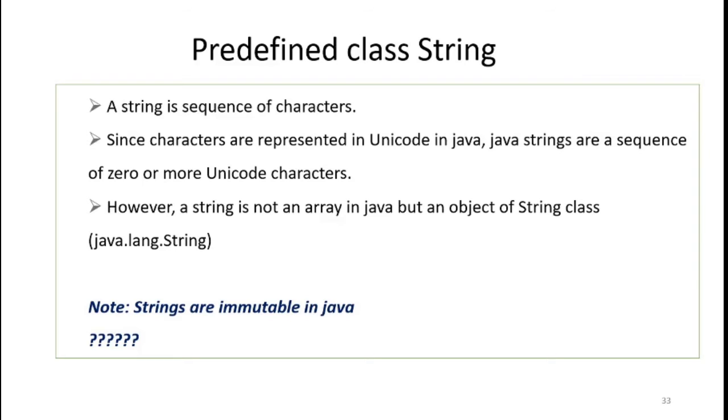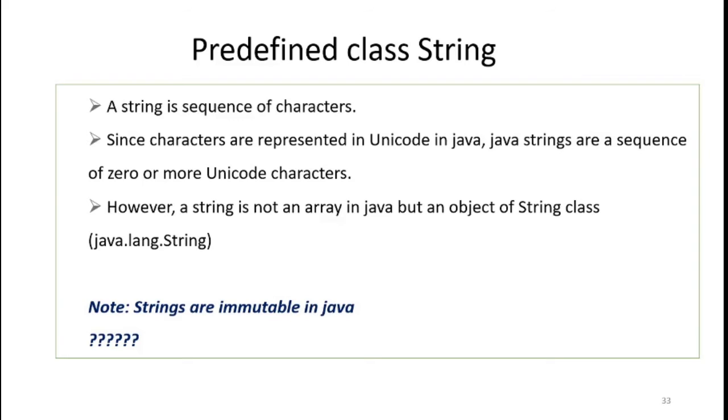However, a string is not an array in Java but an object of the String class, that is in the java.lang package. The java.lang.String class handles strings as a set of Unicode characters.